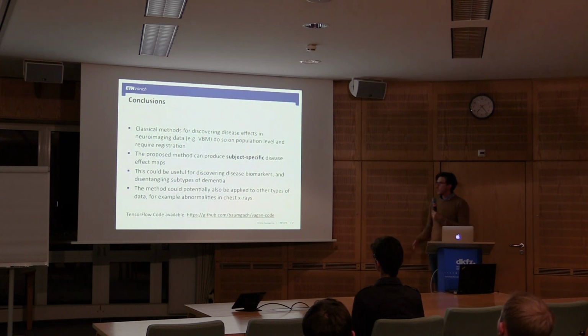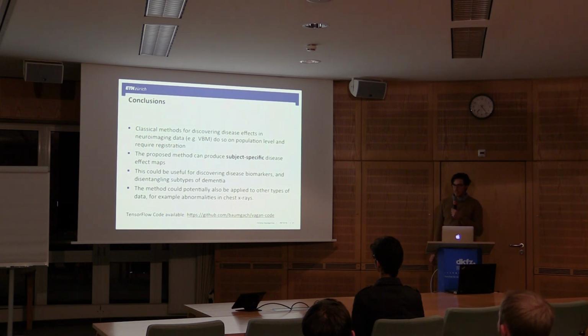Okay. So to conclude this bit, as I was saying, we showed that our method can produce these subject-specific disease effect maps, which we think could be interesting for discovering disease biomarkers and for disentangling subtypes of different diseases.